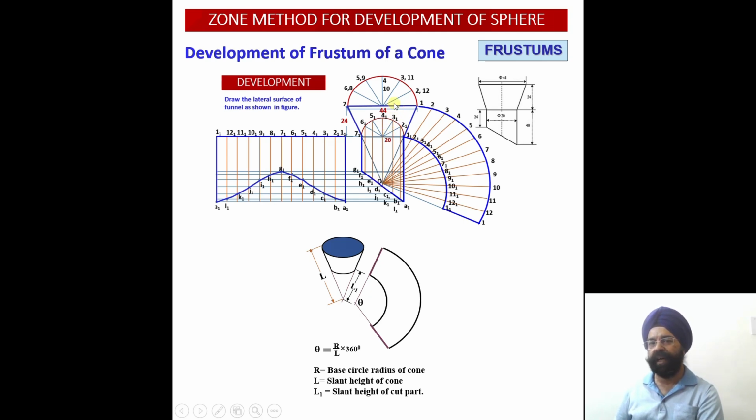For the second, third and fourth segments, we are going to assume that whatever portion of the sphere is there, we are going to extend the two corners over there, and then we will make it behave like a cone. And then this will be our slant edge, and then we are going to draw an arc through this particular apex point equal to the length of this longer slant edge.